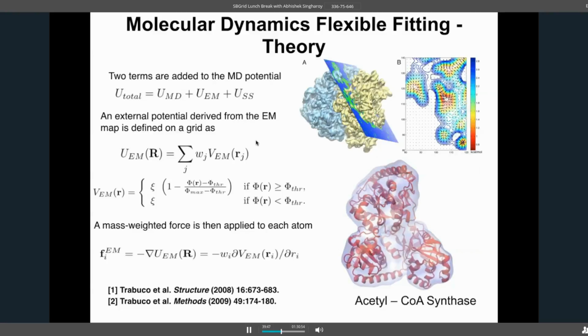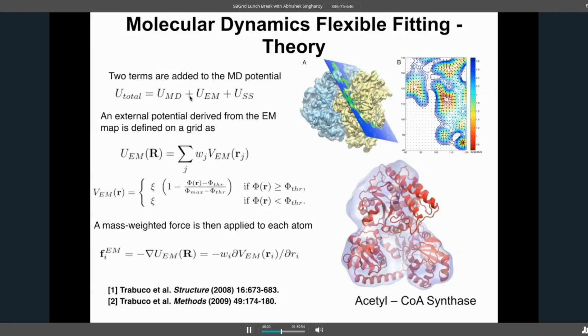We call that U_EM, which let's not get into the formulation of unless someone is interested. So one can take this electron density, write a Coulomb-like potential term out of that electron density and add that onto the force field.